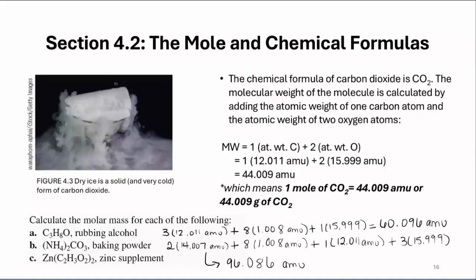In other words, in 1 mole of baking powder, we have 96.086 grams of baking powder. So now let's see how we can utilize this number in conversion factors.